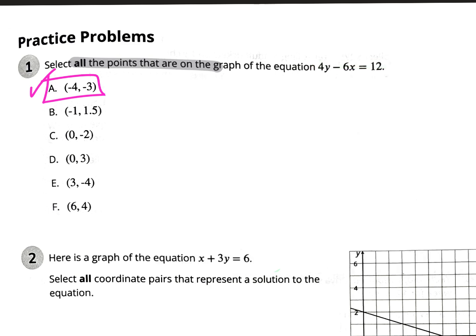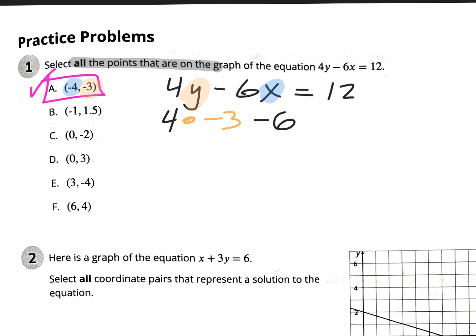Option number 2 is that if they're on the line, that also means that they will make the equation true. So what I mean by that is x is -4 and y is -3. So what you could do is say 4 times -3 minus 6 times -4.